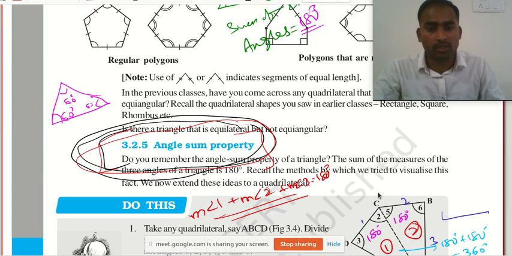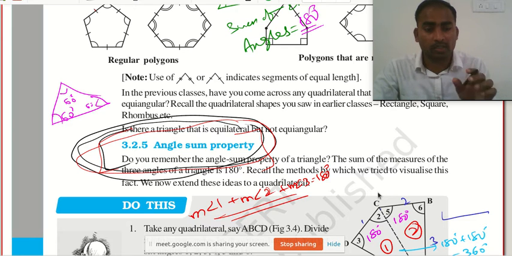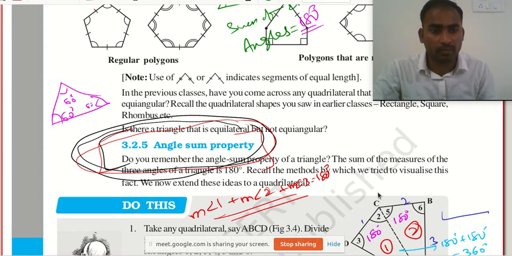Then we discussed the angle sum property, the angle sum property for a triangle. According to the angle sum property of a triangle, the sum of the measures of the angles in a triangle is equal to 180 degrees.